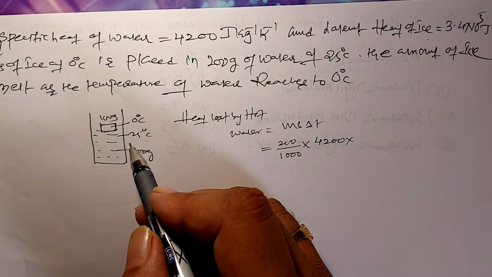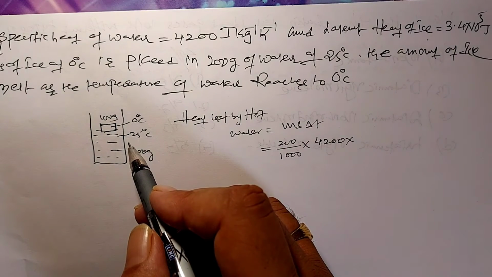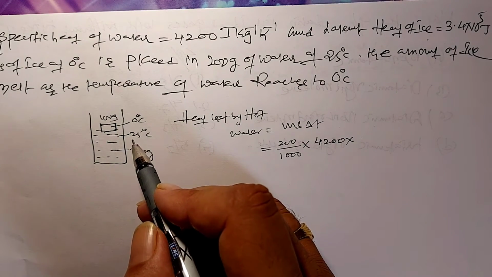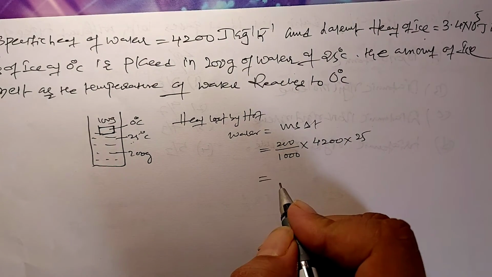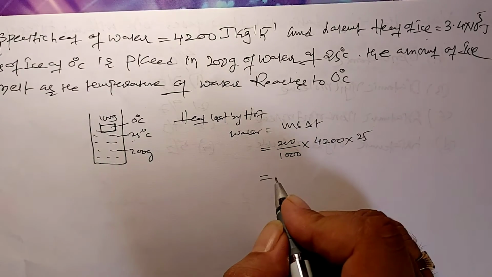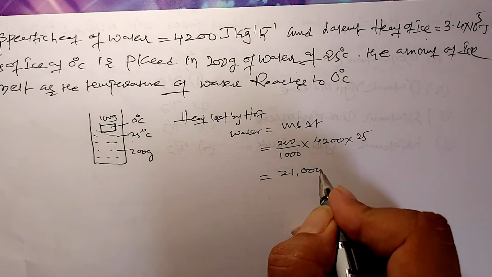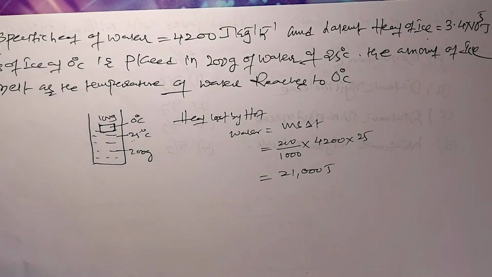Water loses heat, so its temperature falls from 25 to 0, that is 25. That is equal to 21,000 joules. Due to this heat, some amount of ice melts.